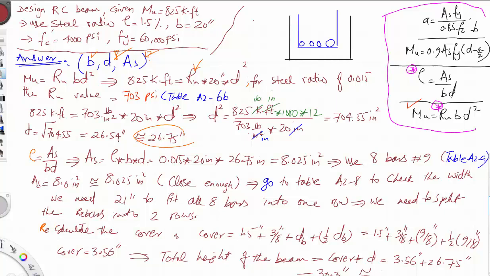So we round this up to 30.5 inches. That will be the depth of the beam.